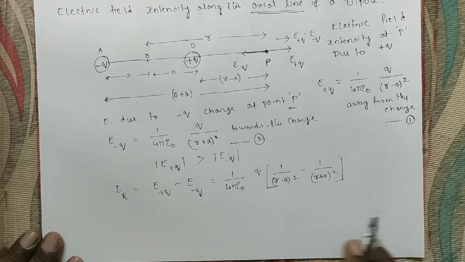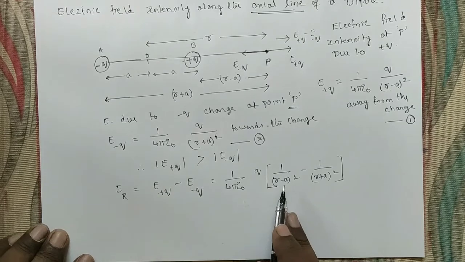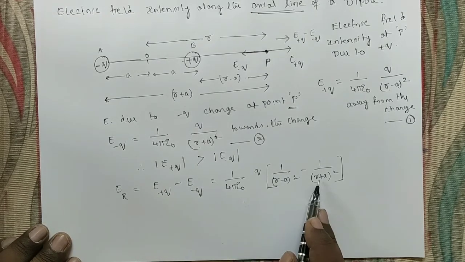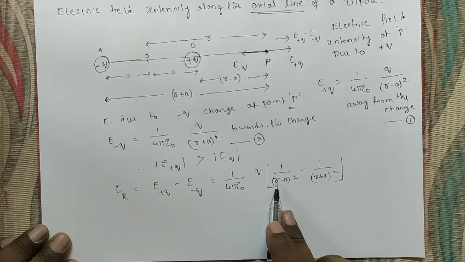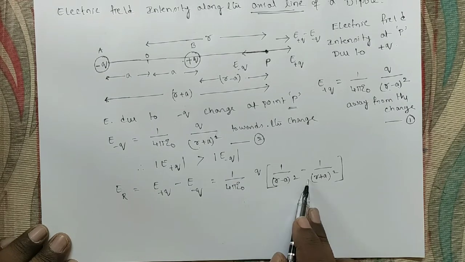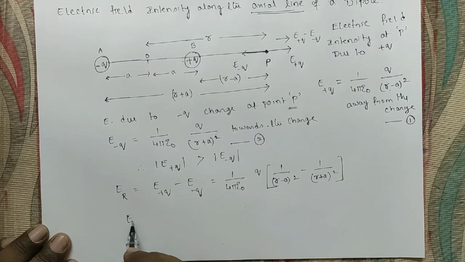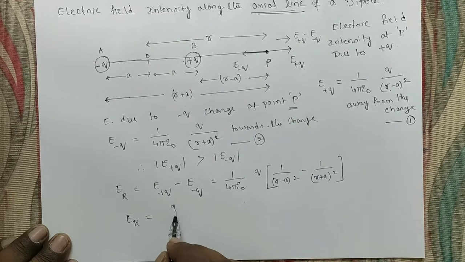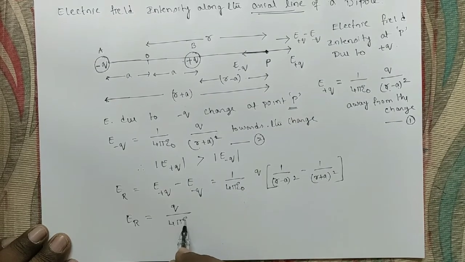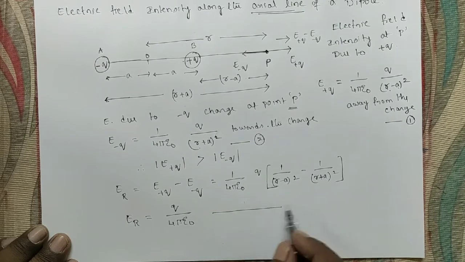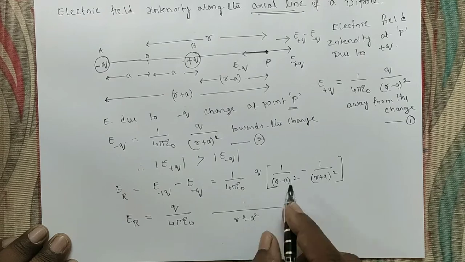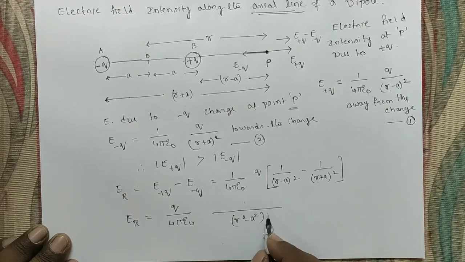Then we can write the LCM as R minus A into R plus A, that is, (A plus B) into (A minus B) means A square minus B square. Here, (R square minus A square) whole square, and E resultant equals Q by 4 pi epsilon naught into the LCM, (R square minus A square) whole square.